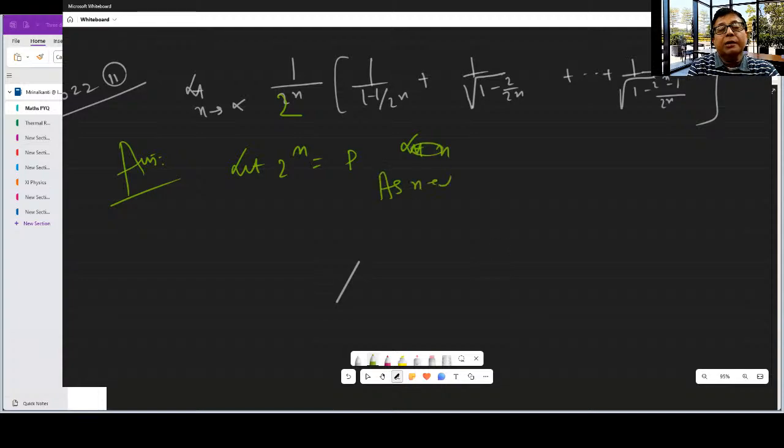As n tending to infinity, p is also tending to infinity. So replace 2 to the power n everywhere by p. Okay? And that p tending to infinity.